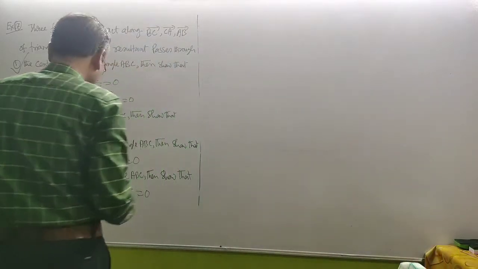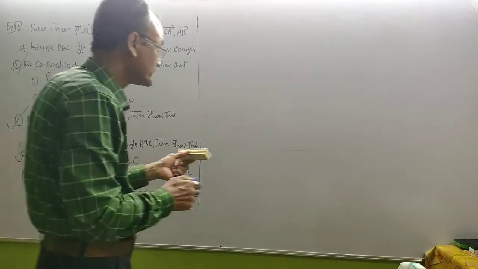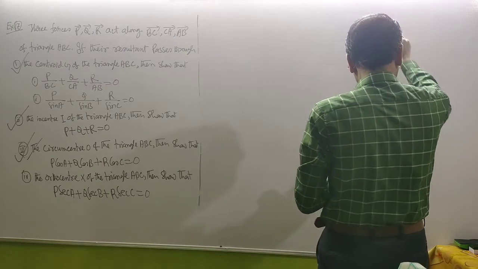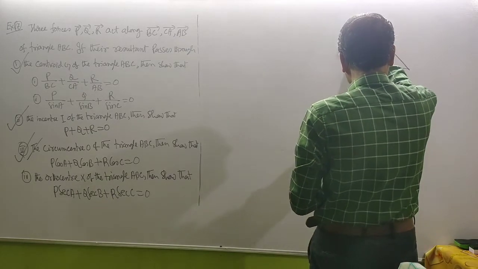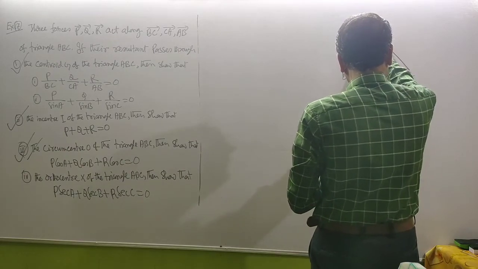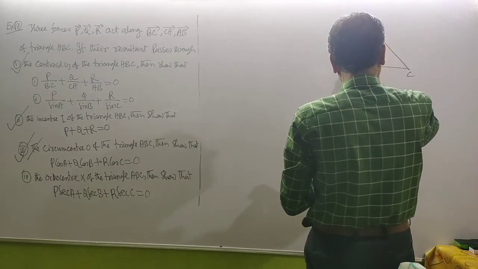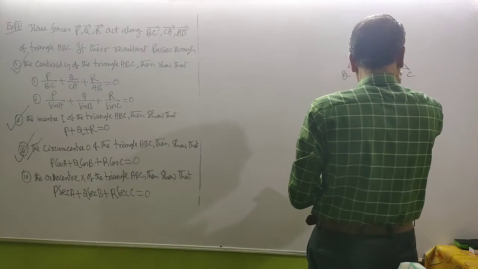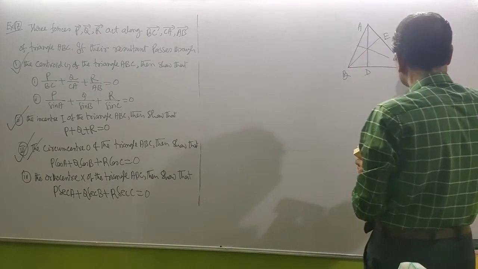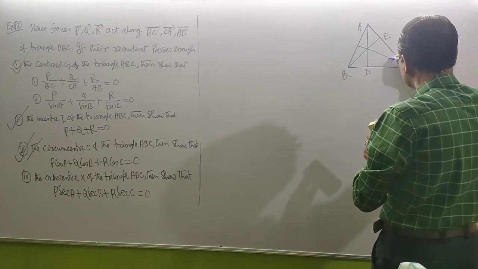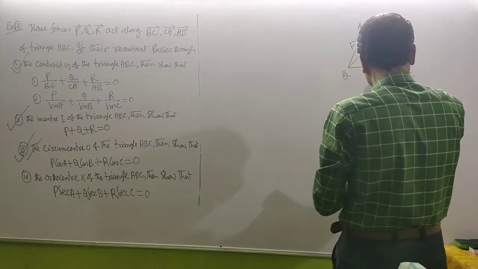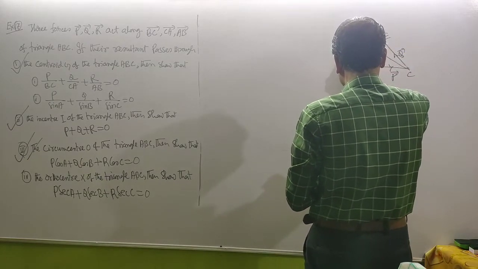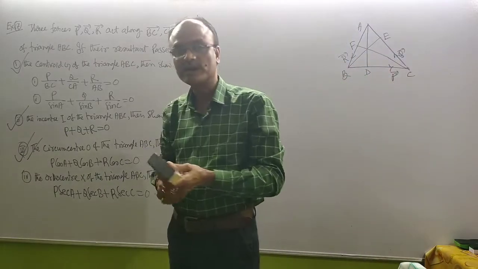Orthocenter. Number 2. The orthocenter X of the triangle ABC. Suppose ABC is the triangle, with PQR forces acting along BC, CA and AB of the triangle ABC.